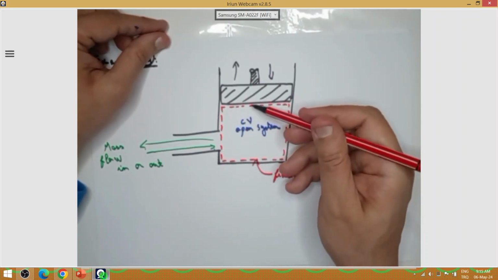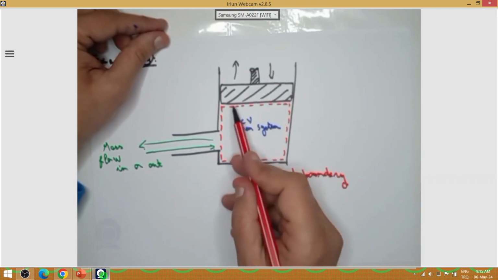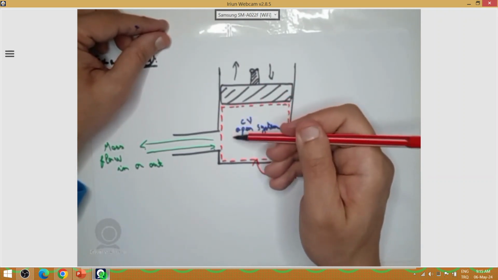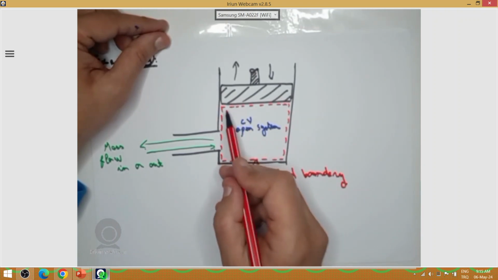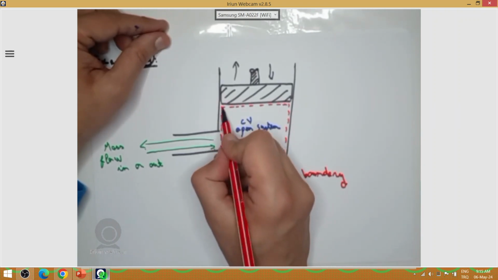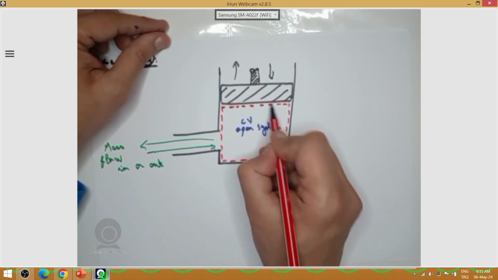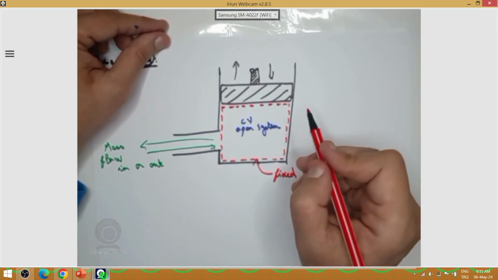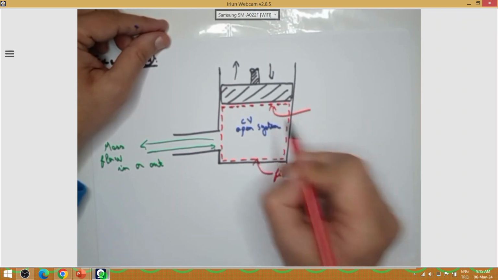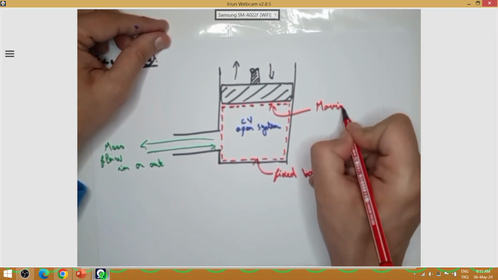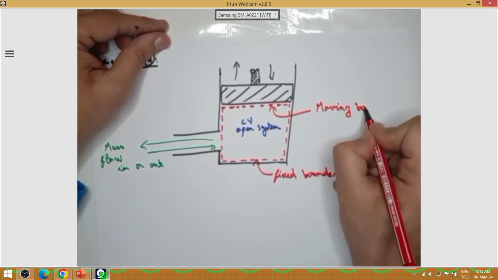When my piston moves up, this boundary moves up. When my piston moves down, this boundary moves down. So this is a moving boundary. The dashed line that I see horizontally here, this is what we call a moving boundary.